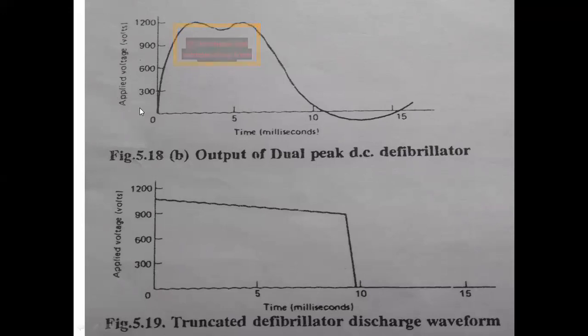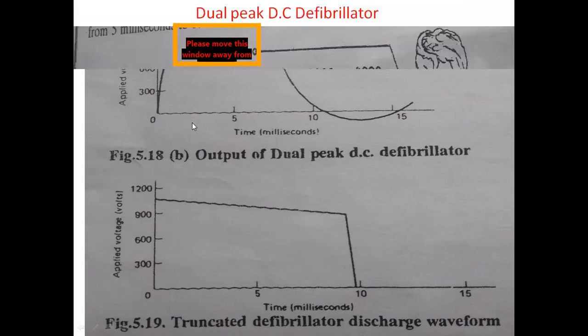So here we can apply the voltage as a double peak. Okay, so we apply it as a double peak in this way. That is the output of the dual peak DC defibrillator.